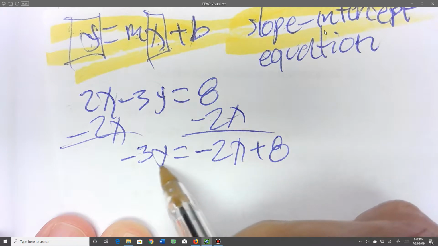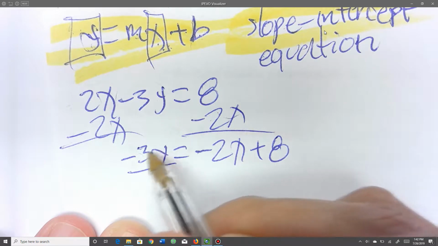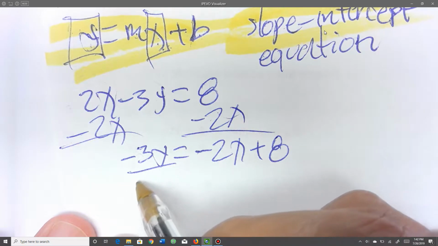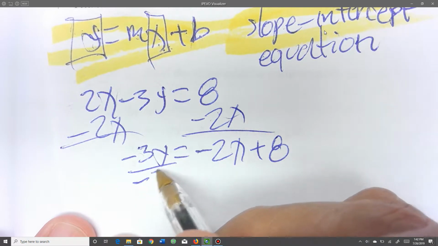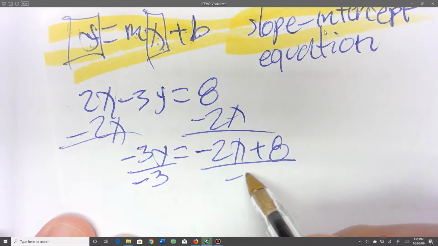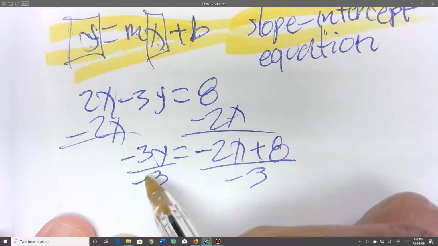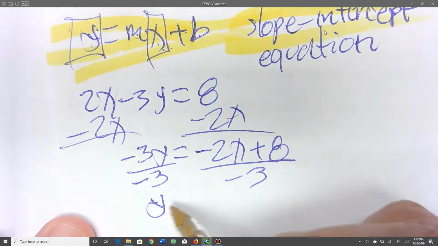And from here, we use the multiplication principle. Since I'm multiplying here, I need to divide by the number I'm trying to move, and I need to do that to both sides. Negative 3 divided by negative 3 is 1, and 1 times y is just y.